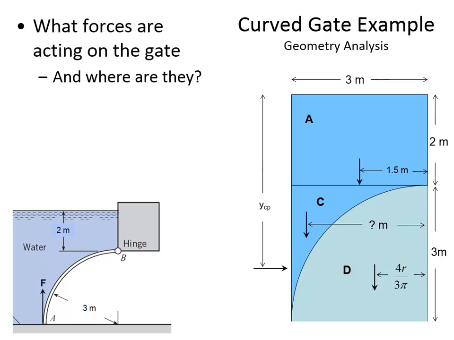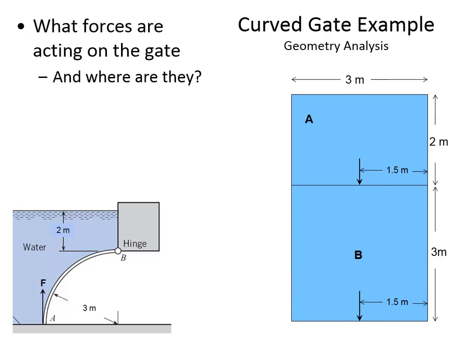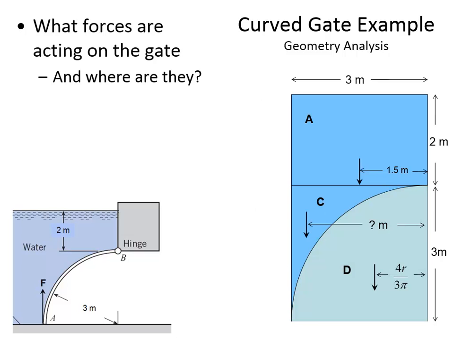So it is the result of two pieces. B is D and C together. And the way that we combine them together is with a weighted average. And so I'm going to find the location of the force at C.